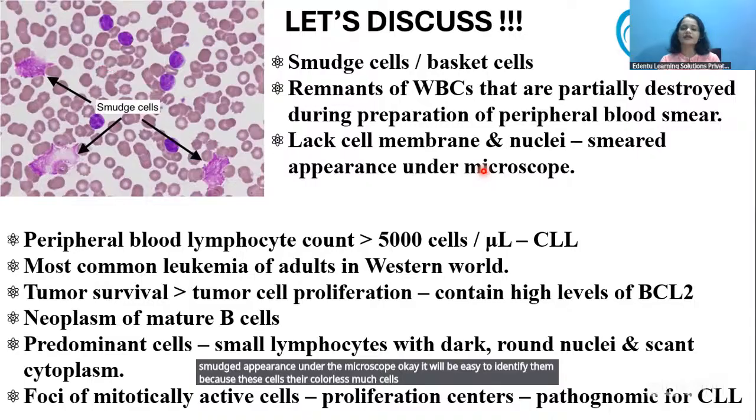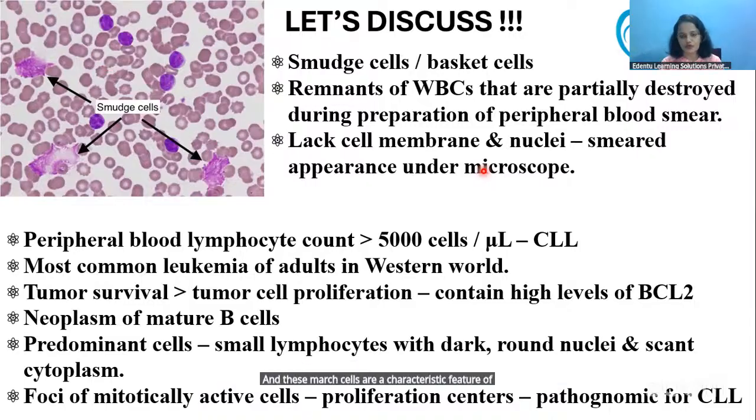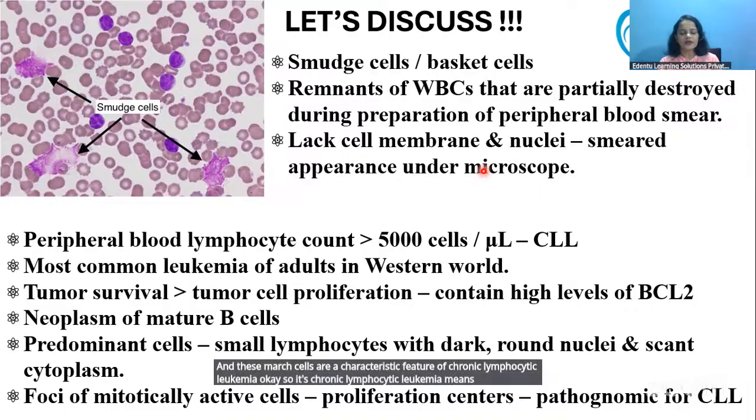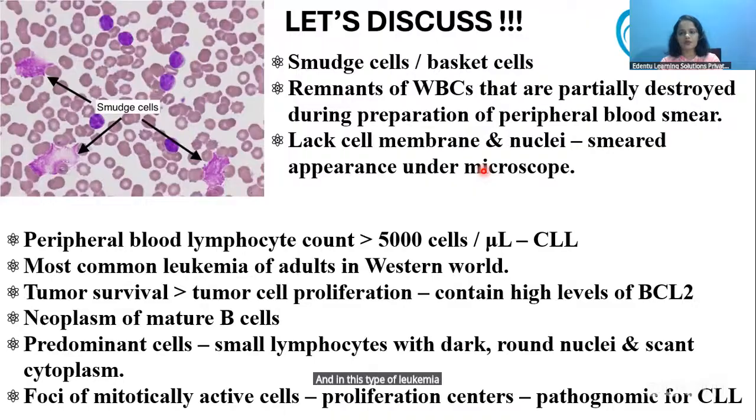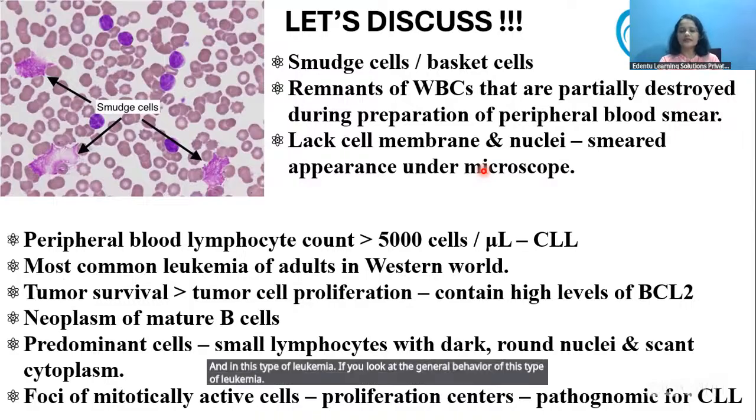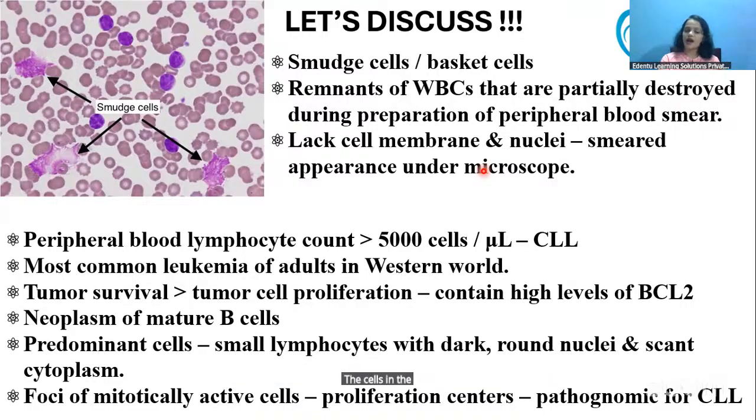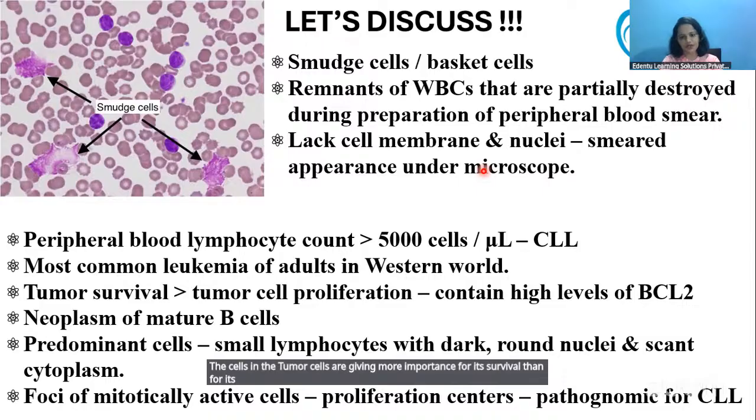These smudge cells are a characteristic feature of chronic lymphocytic leukemia. Chronic lymphocytic leukemia means when the peripheral blood lymphocyte count is greater than 5,000 cells per microliter. It is one of the most common leukemias in the Western world. If you look at the general behavior of this type of leukemia, the tumor cells give more importance to survival than to proliferation.